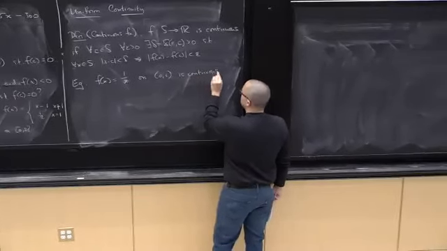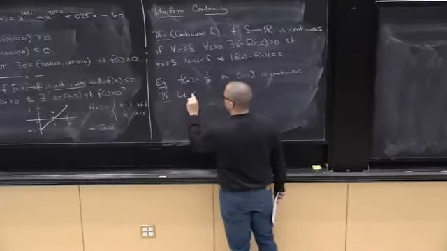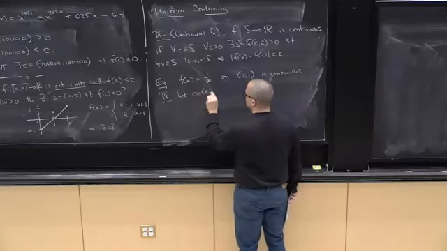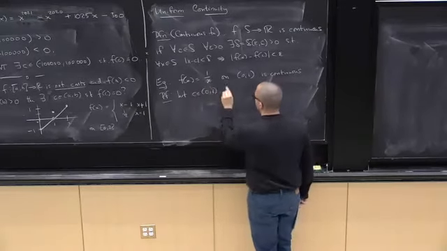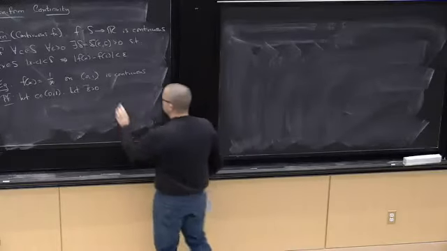So proof: we have to show that for every c in (0, 1), for all epsilon, there exists a delta. So let c be in (0, 1). Let epsilon be positive. Now choose.